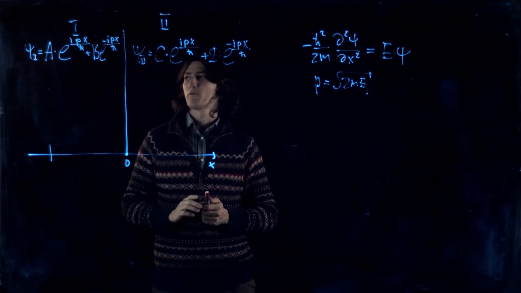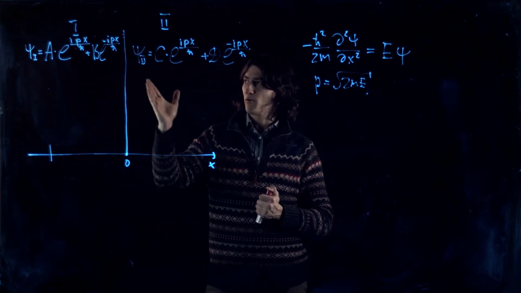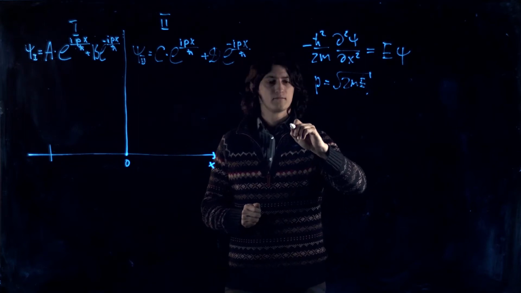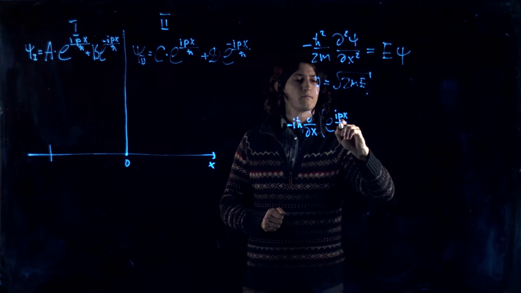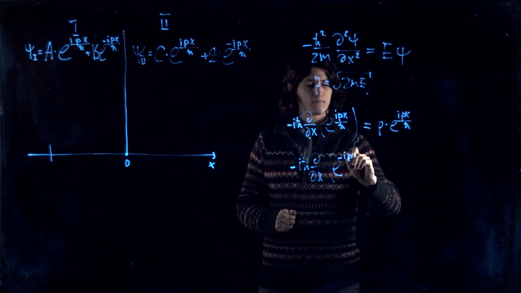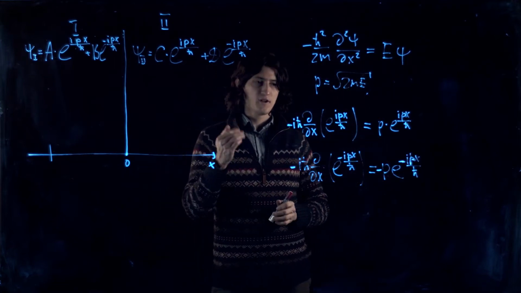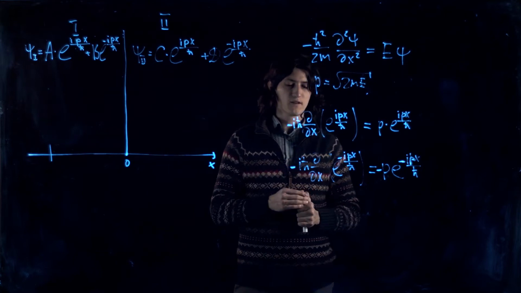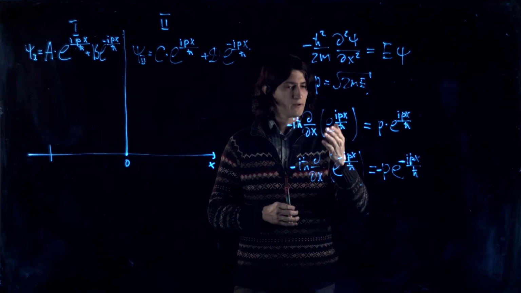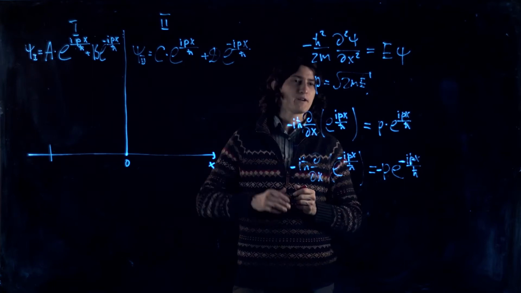What is the physical meaning of this solution? We can act with the momentum operator on each exponent, and you'll see what we get. You see that each exponent is an eigenfunction of the momentum operator, and the eigenvalue of this exponent is p, the momentum of the particle.